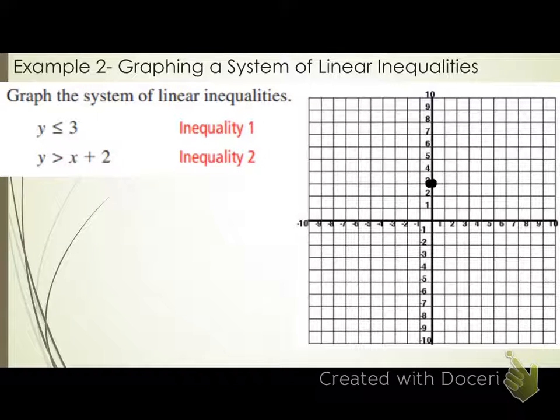Is this a solid or dashed line? Solid. So it's a solid line going through 3 on my y-axis. There's my first boundary line of my first inequality.